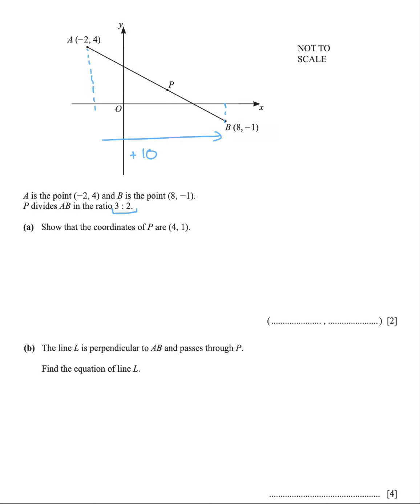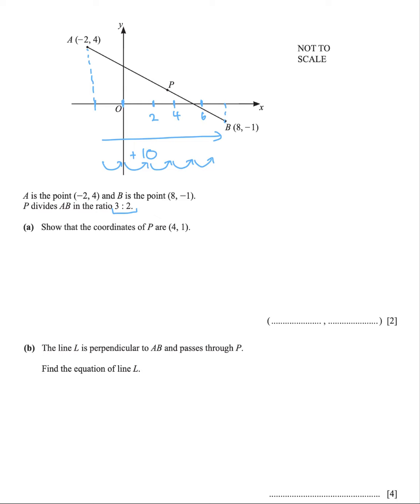So there was a total of 5 parts in that ratio, which means that each part must jump 2 in order to go 10 in total. So if my coordinate this side is -2, then it jumps to 0, then it jumps to 2, then to 4, then to 6.